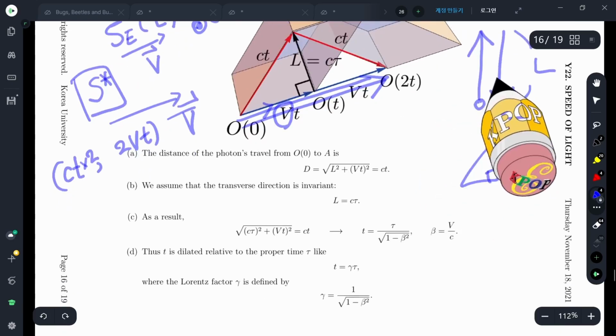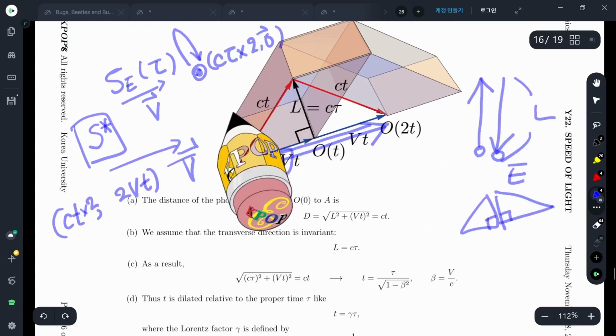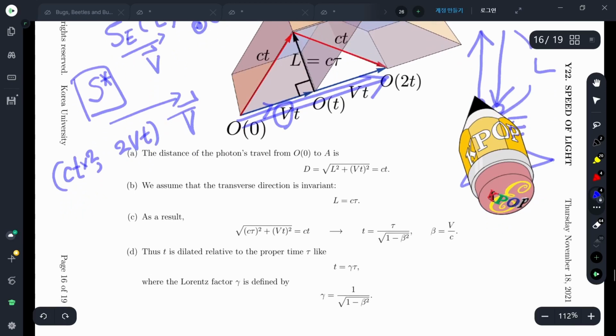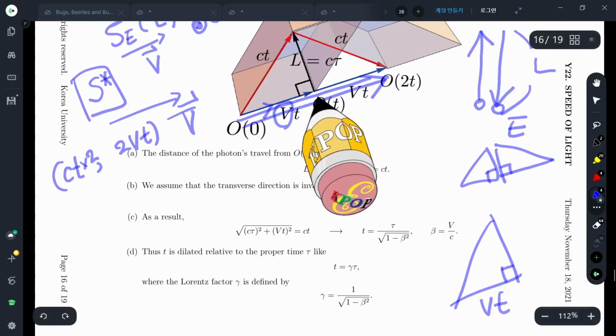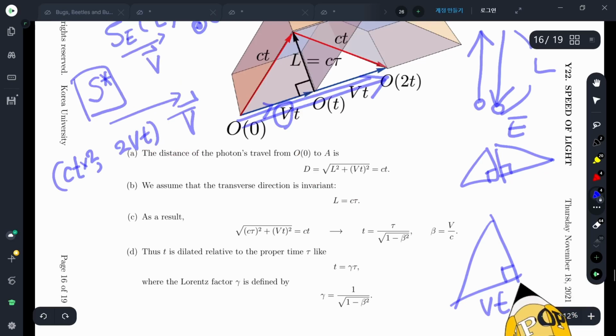Finally, if we consider a single part, a single direction, this is the displacement of the origin of the Earth rest frame. This is the motion, displacement of the photon, light.